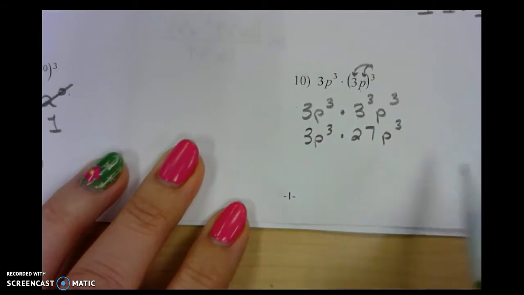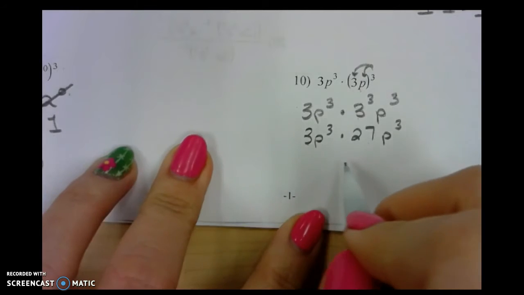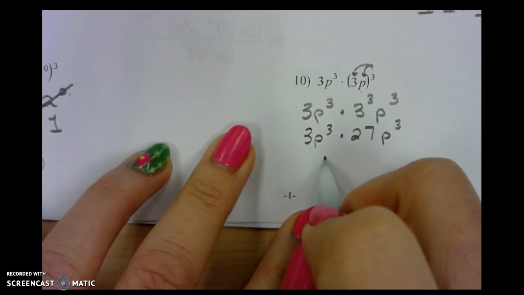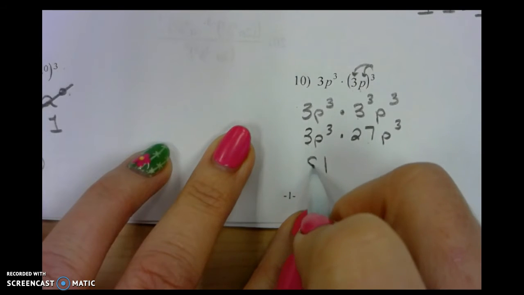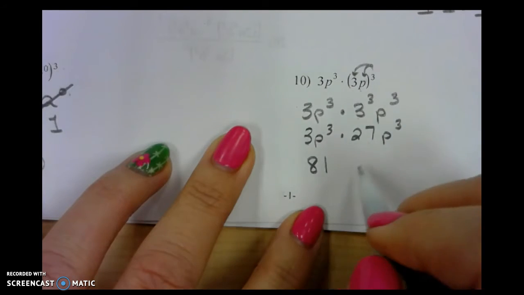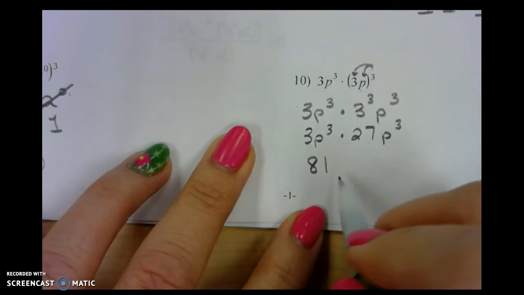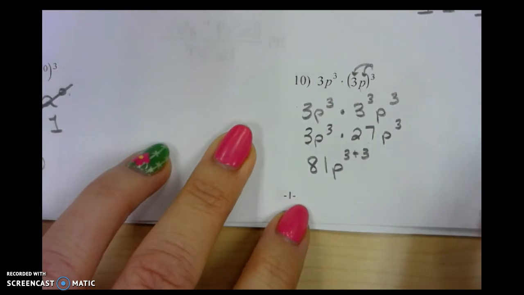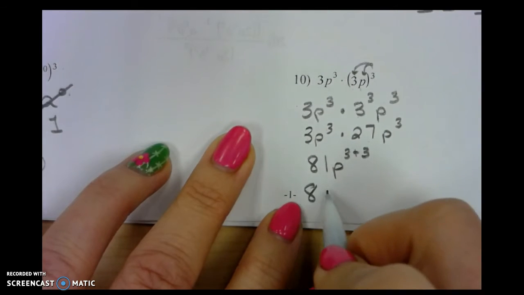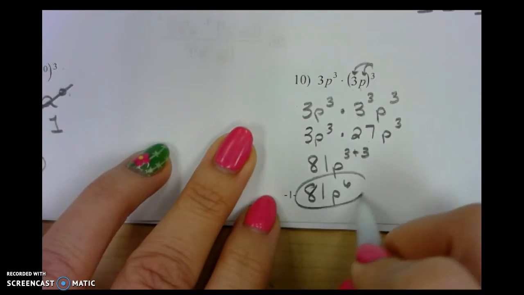P to the third. Now I can do 3 times 27. I'm getting 81, I think. P to the third becomes p to the 3 plus 3. That's the product rule. And then 3 plus 3 gives you p to the 6th.